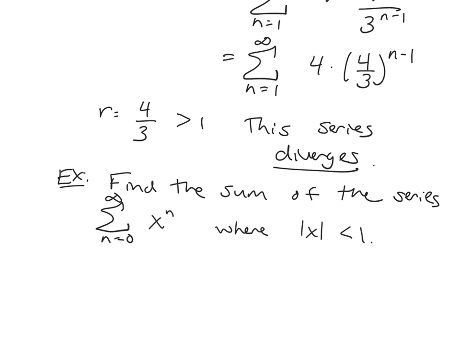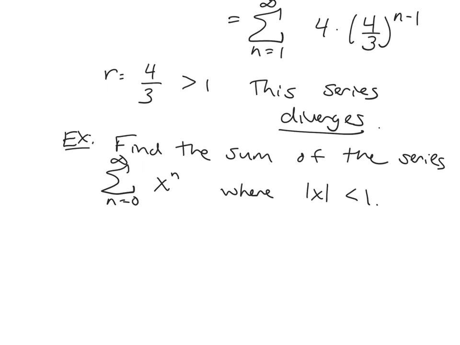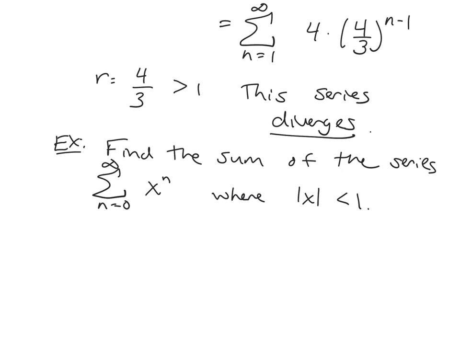So you're thinking about x as being some kind of number, and you're requiring that the absolute value of x be less than 1. Okay, so let's write out some of the terms of this series, just so we can see what terms we have. What do I get when I plug in n equals 0? x to the 0, 1, and then x squared, x cubed, and so forth.